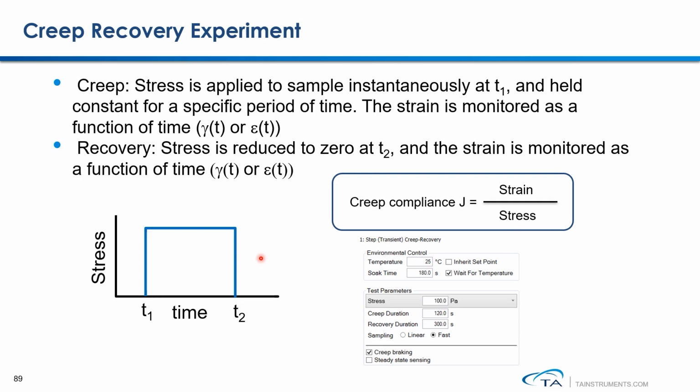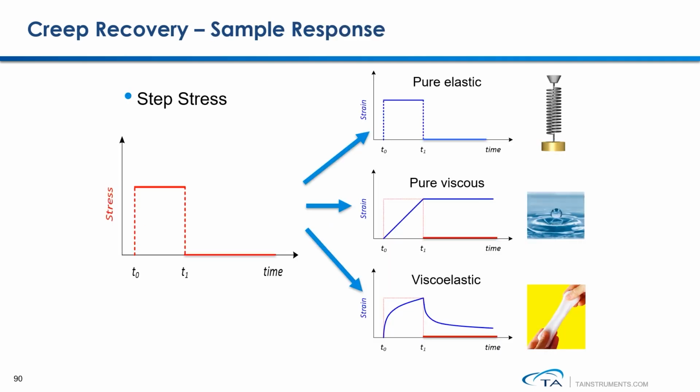In the creep test, creep compliance is defined as the strain changing as a function of time divided by the stress you apply to the material. This screenshot shows an example of how to set up a creep recovery experiment in TRIOS software. When you perform a creep recovery experiment on a purely elastic material, such as a spring, this is the kind of strain response you expect to see.